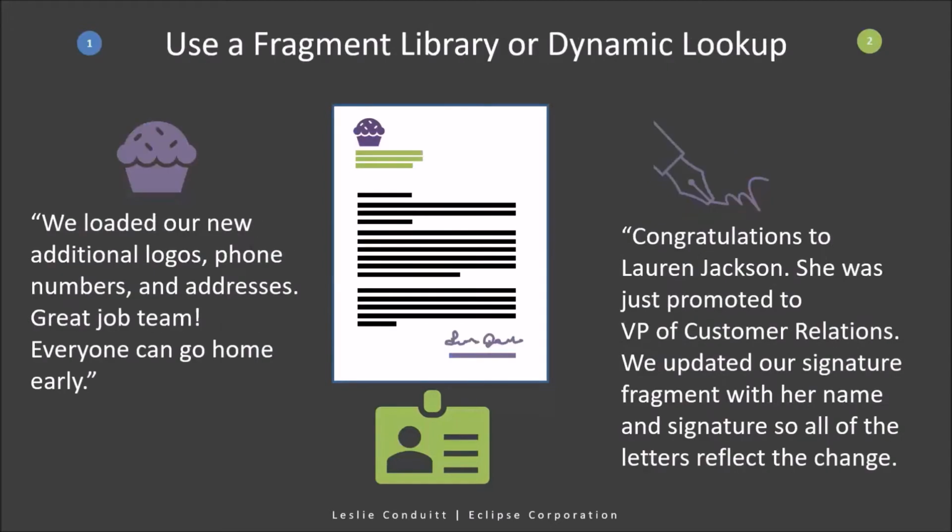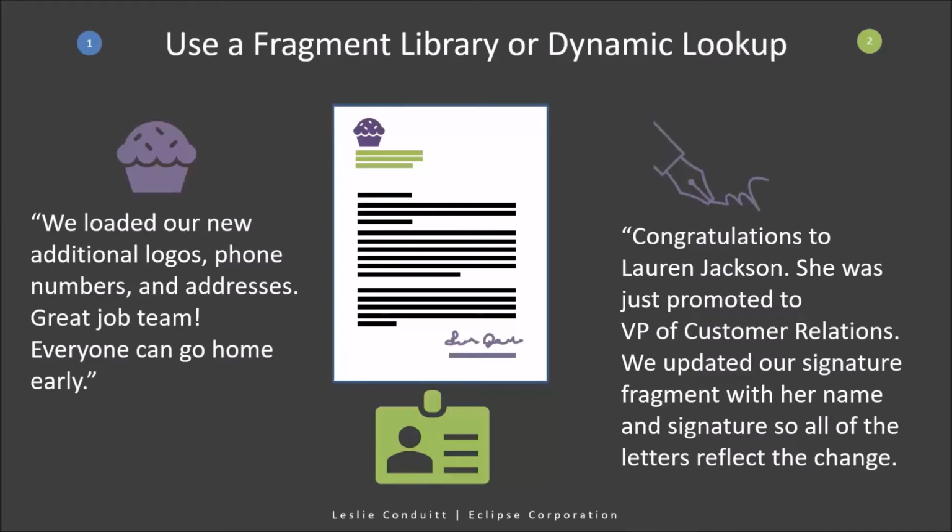So here we can use two technologies that we have right now. A lot of companies will offer what we call a fragment library, which means there's a section on the form that's built as a fragment. The other option, if you use the new technology, is to use a dynamic lookup, so that rather than someone hard coding a name on there, you can just look up the VP of customer relations, and that's automatically updated. So you don't have to hit every one of your documents manually.